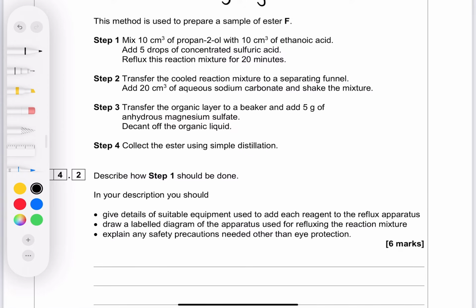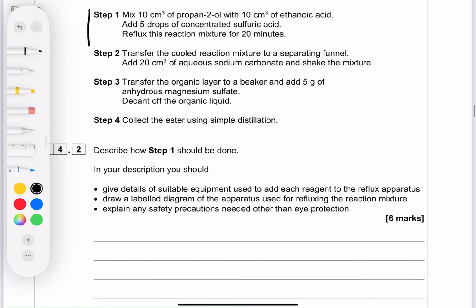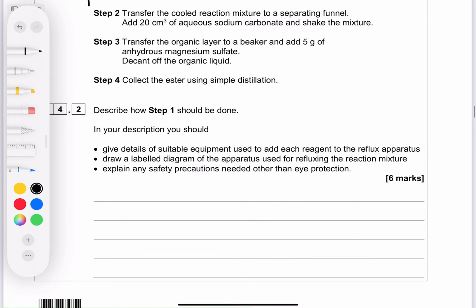Decant off the organic liquid and collect the ester using simple distillation. Describe how step 1 should be done. In your description, you should give details of suitable equipment used to add each reagent to the reflux apparatus. Draw a labelled diagram of the apparatus used for refluxing and explain the safety precautions other than eye protection.